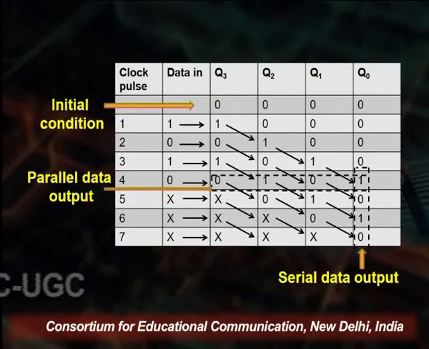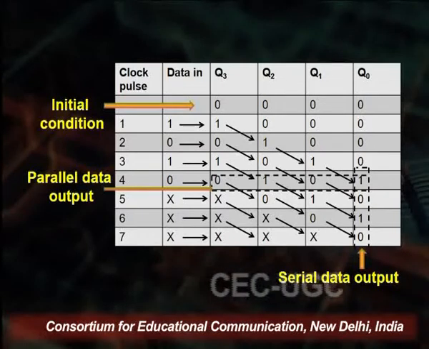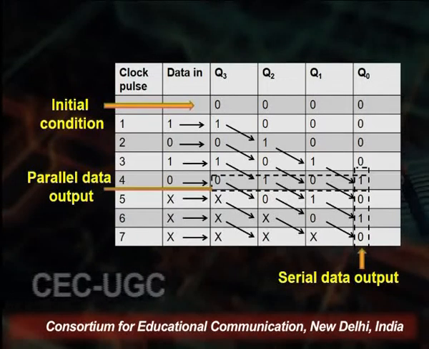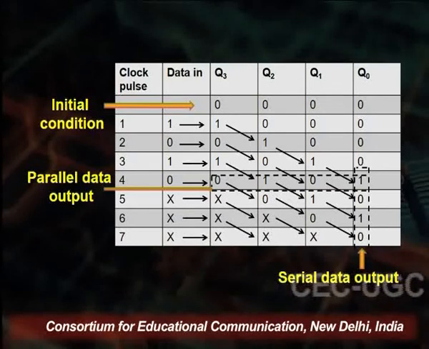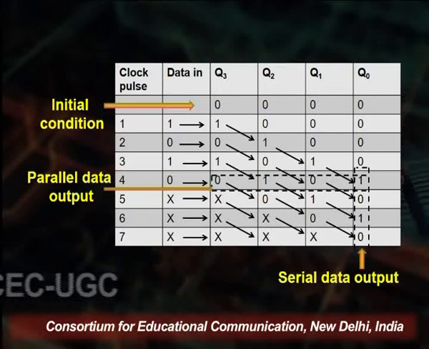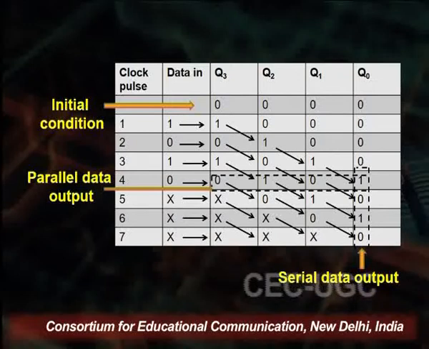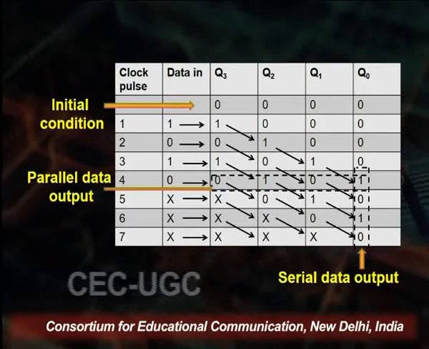Now, at the second clock pulse, the output of the first flip-flop F1 moves to the output of the second flip-flop F2. Hence, in parallel mode, we would have Q3, Q2, Q1, Q0 as 0010.